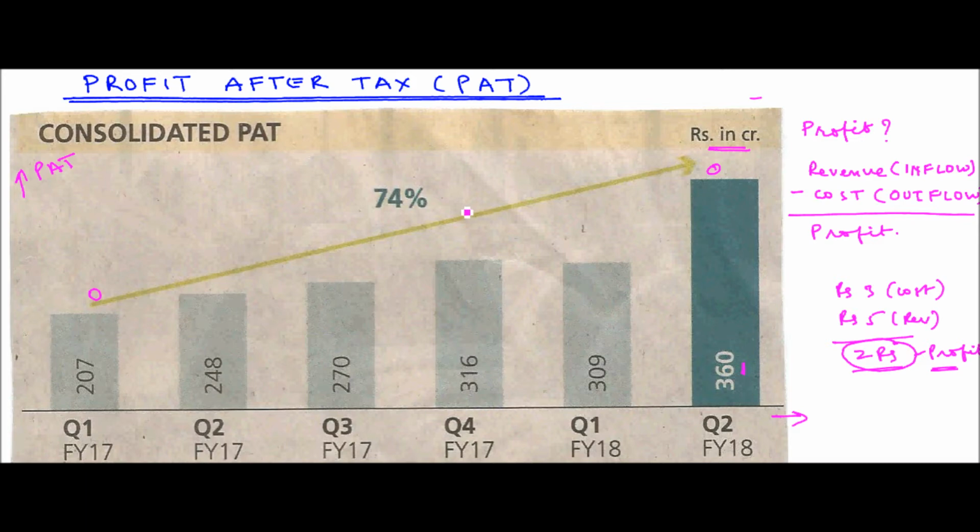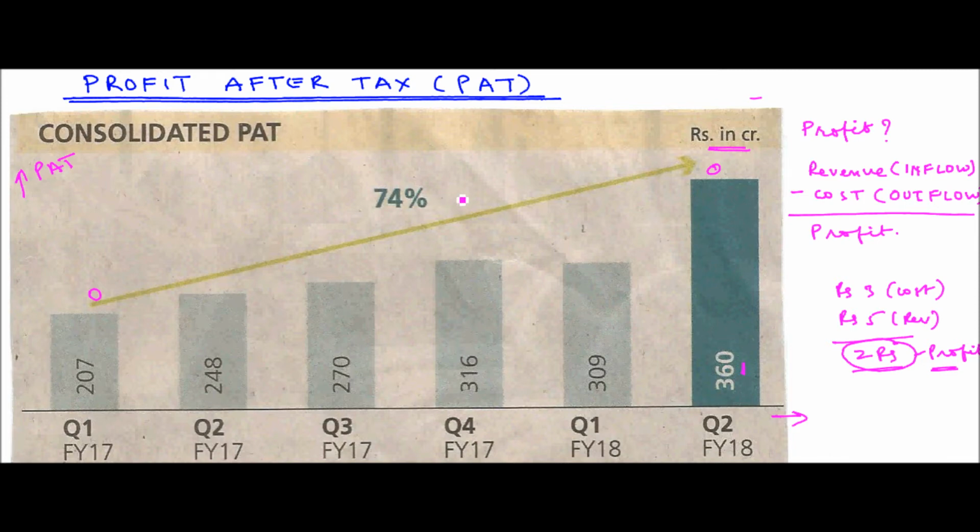So profit after tax is the money basically that the organization is making, and it can use either to invest further in the organization, that is, it can further buy property, further invest in new offices and so on, or it can also buy new organizations using this money.